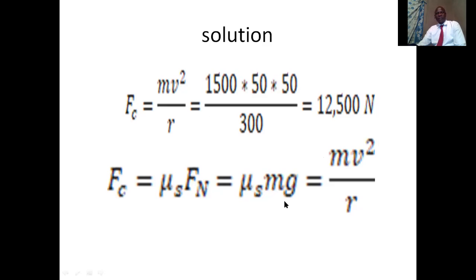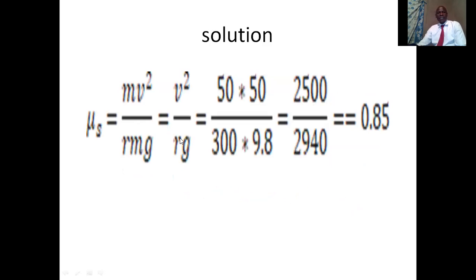We just make this the subject of the formula. And we note that the mass here and the mass there will cancel. So I remain with velocity squared over the radius multiplied by gravitational acceleration. And therefore, I substitute 50 meters per second multiplied by 50 meters per second over the radius, which was 300 meters, multiplied by acceleration due to gravity, which is taken as 9.8 meters per second squared.